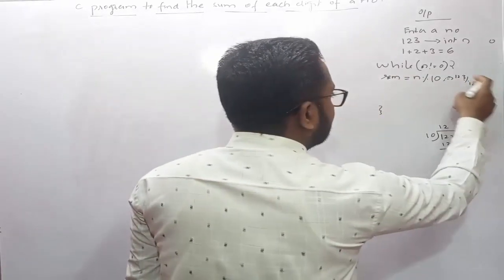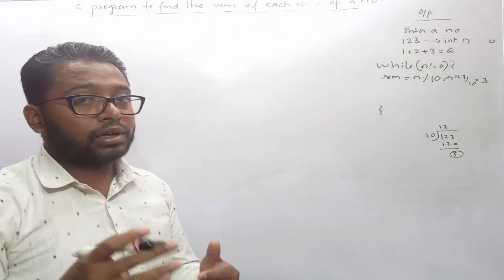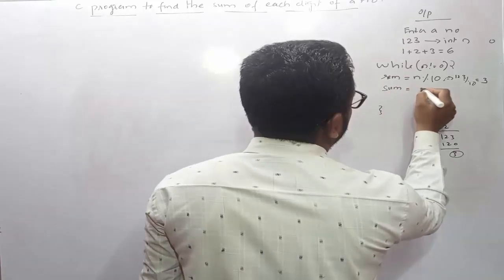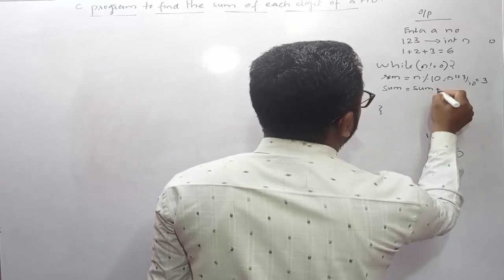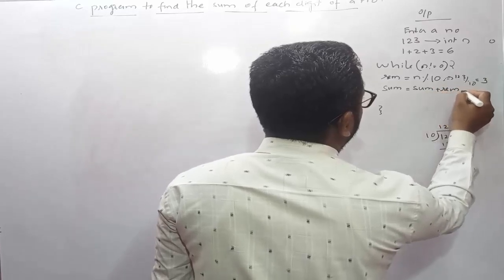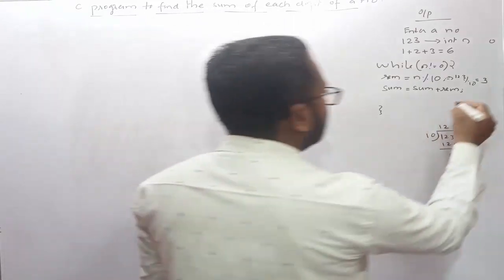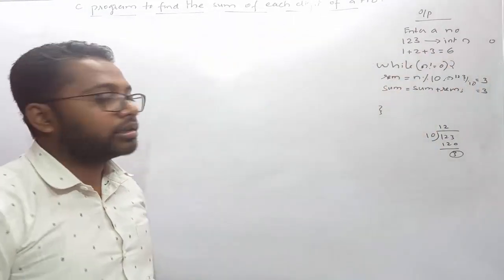Now this remainder I need to store in another variable. That's the second step. sum equals sum plus remainder. Now our sum variable will hold the value 3 in the first iteration.